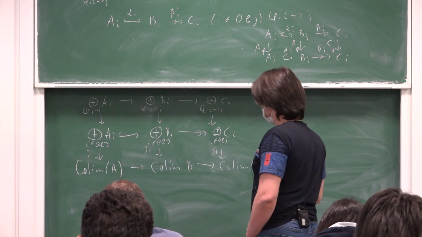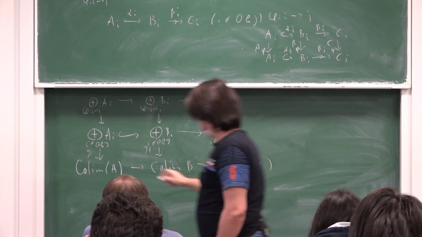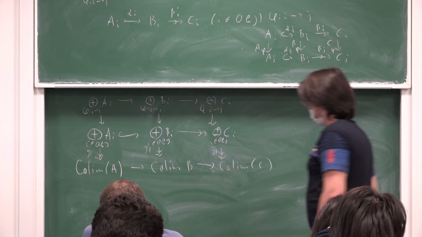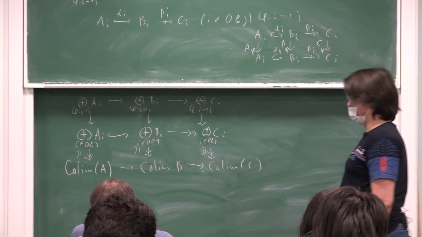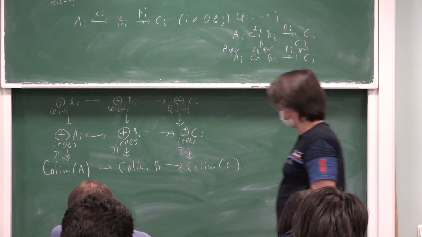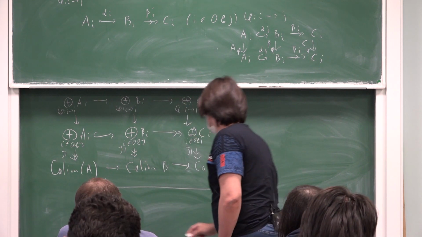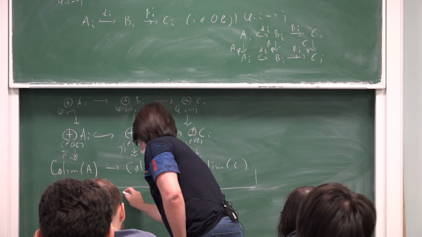In fact we don't need this part above. So these maps are epimorphisms, so we can apply the snake lemma, and the snake lemma tells us that this sequence is exact.